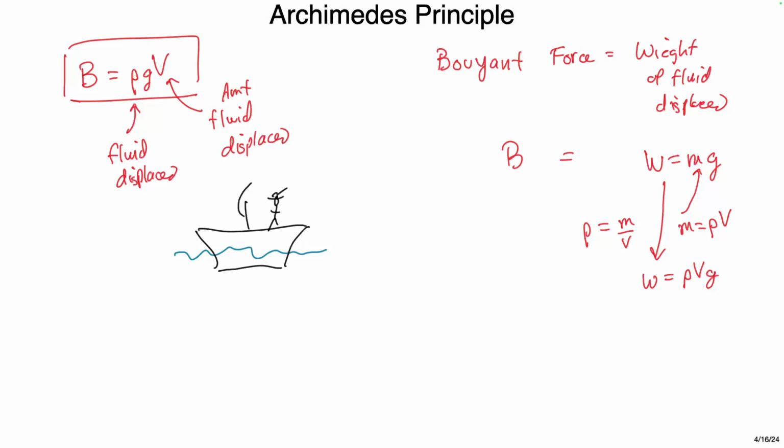Why? What do we know about the total net force on a boat if it's just floating there? It's in equilibrium. It's not accelerating up or down, right or left.